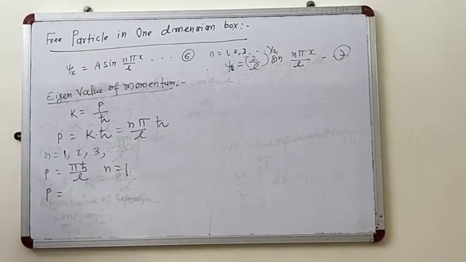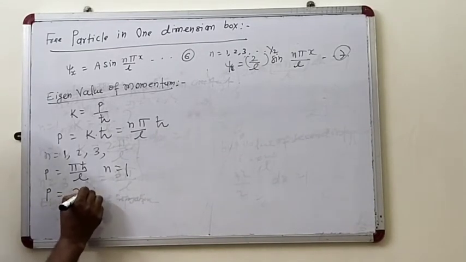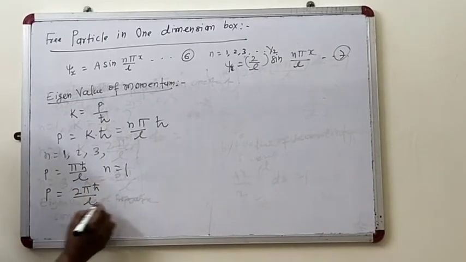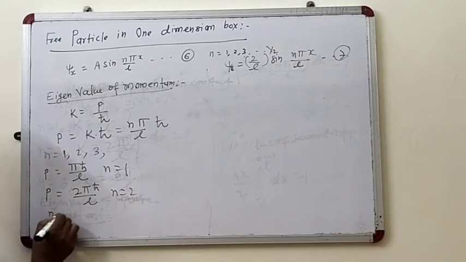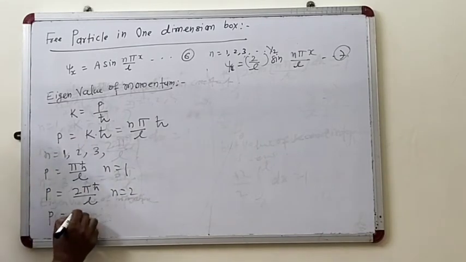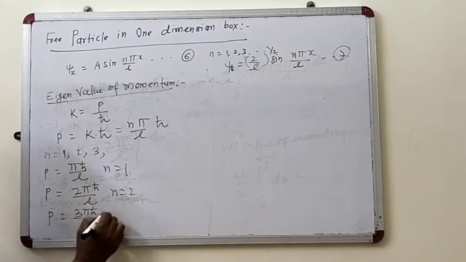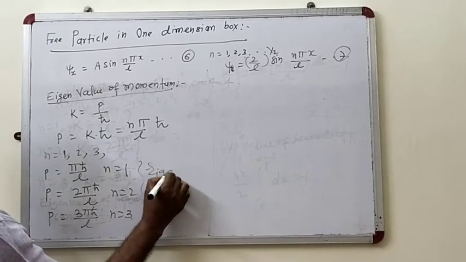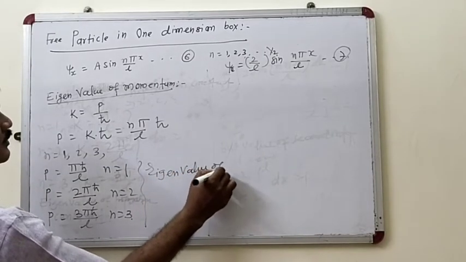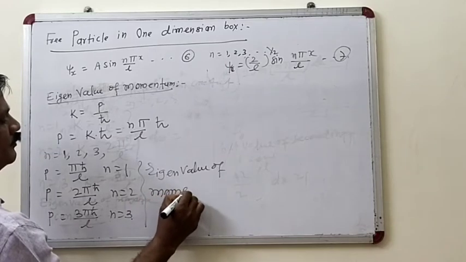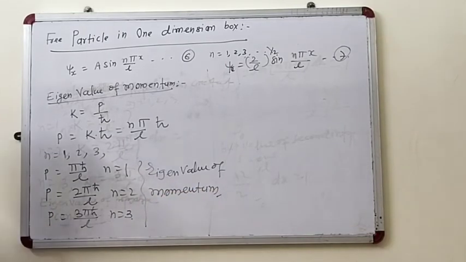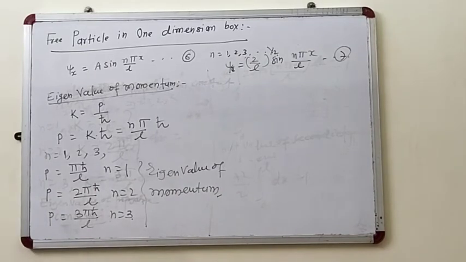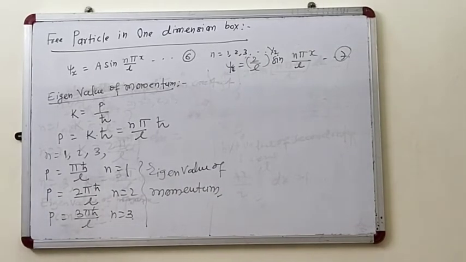When n is 2, we get 2 pi h cross by L. When n is 3, we get 3 pi h cross by L. These are called the eigenvalues of momentum for a free particle when it is present in a one-dimensional box.